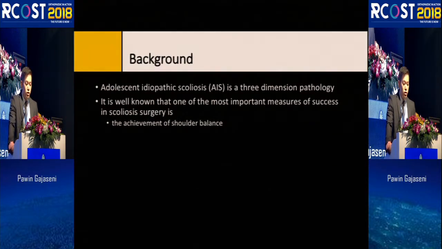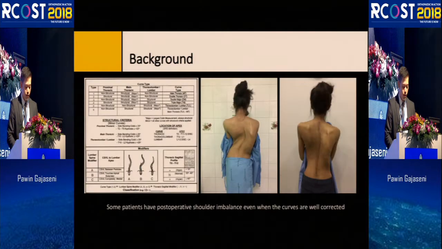AIS is a three-dimensional pathology again, and it is well known that one of the most important measures of success in scoliosis surgery is the achievement of shoulder balance. Although the Lenke classification is widely used to determine the extent of the fusion levels, it is reported that some patients have postoperative shoulder imbalance, even when the curves are well corrected.